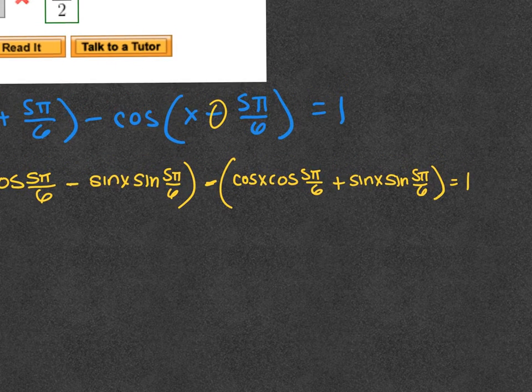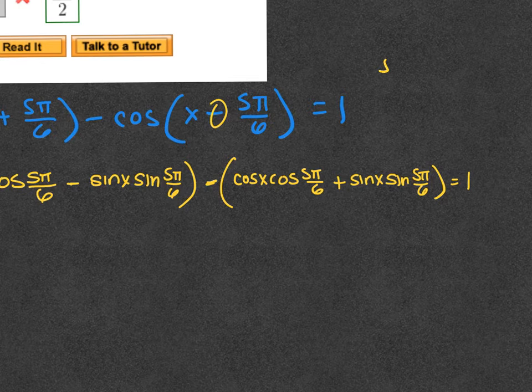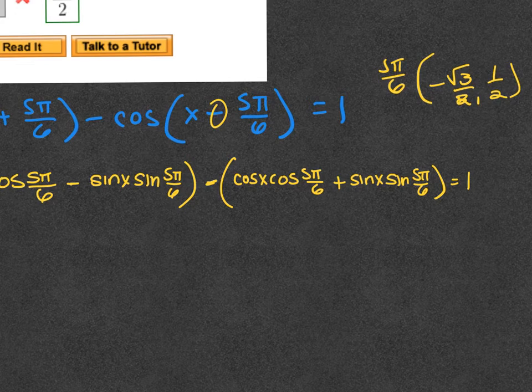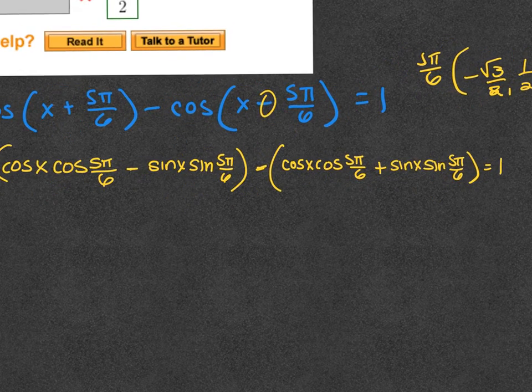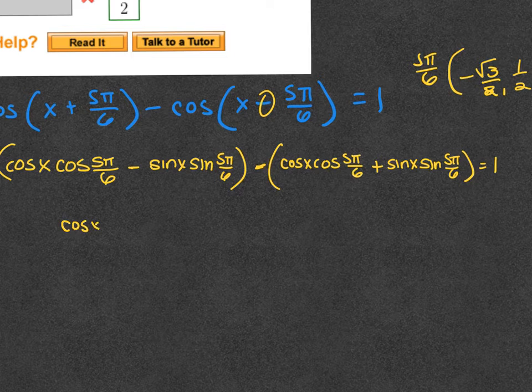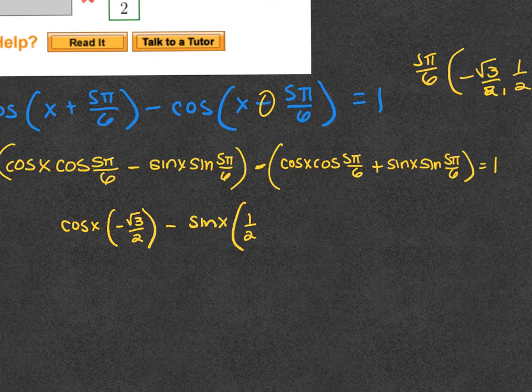Now, I know nothing about the x values, but I know at 5 pi over 6, my coordinate point is negative root 3 over 2 and positive 1/2. So my cosine is negative root 3 over 2, minus sine of x times sine there, 1/2.